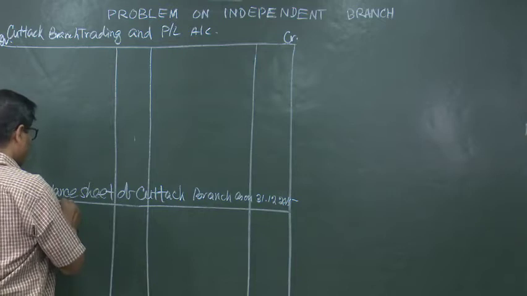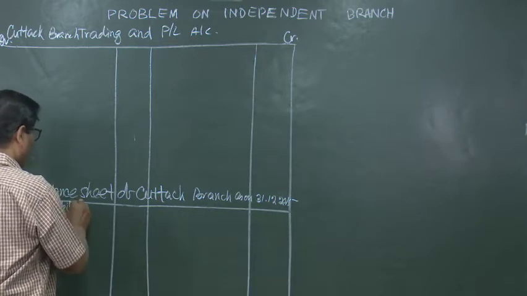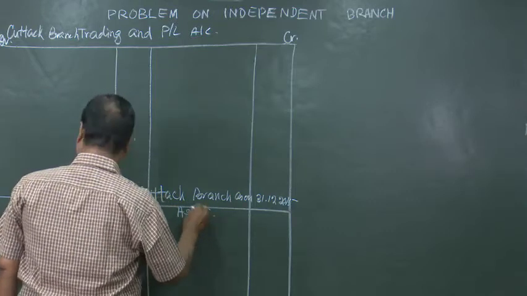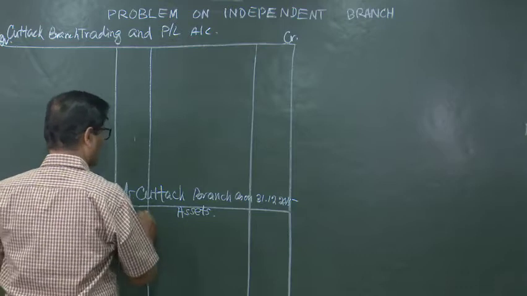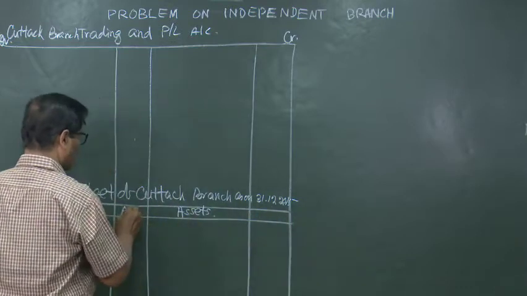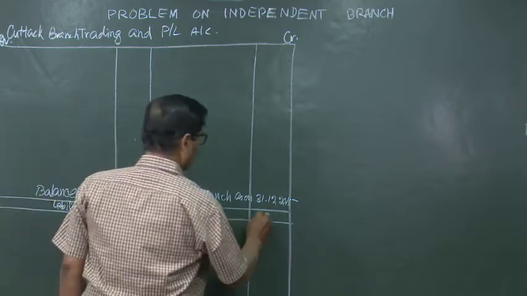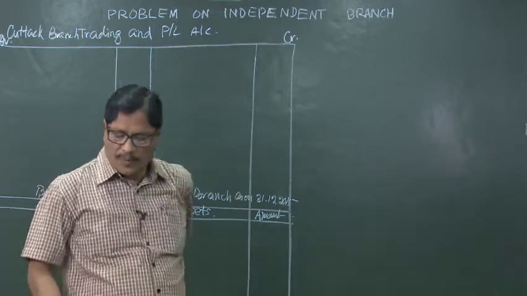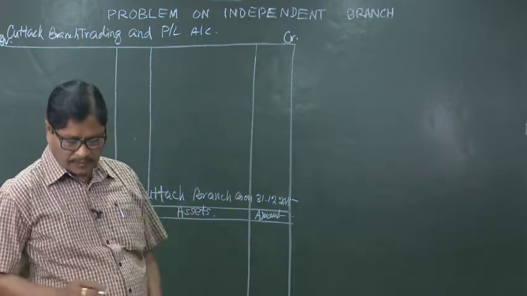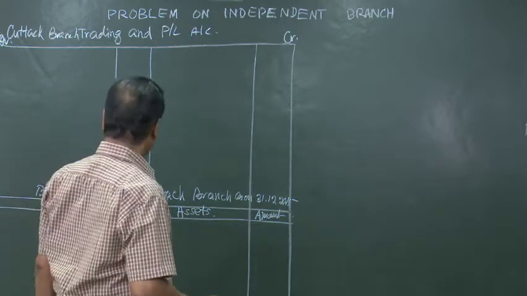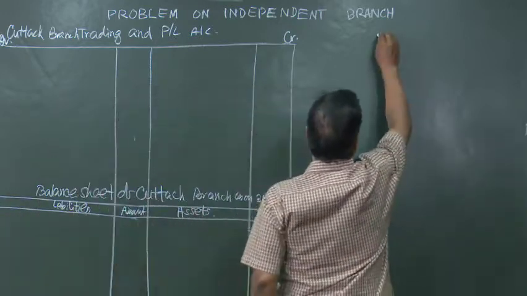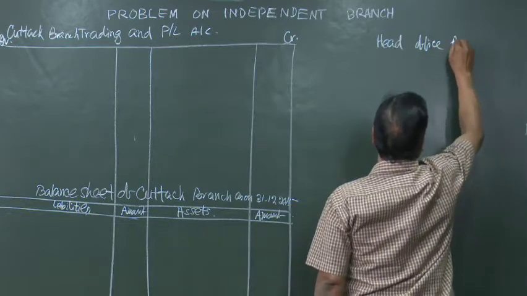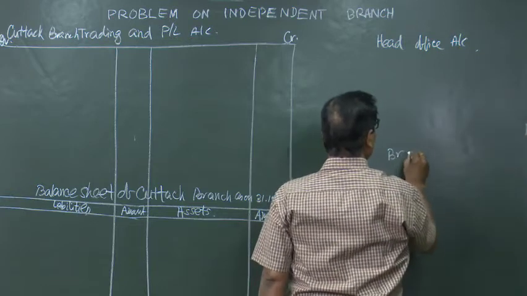These are the liabilities and assets. Amount in rupees. Similarly, we can also prepare the head office account in the books of the branch and also the branch account in the books of the head office.